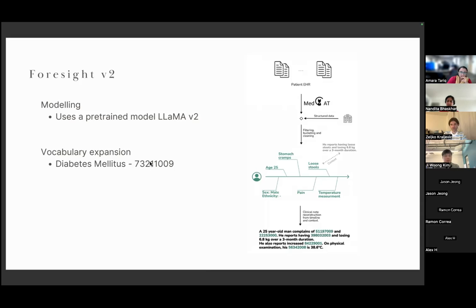So for every concept added into the vocabulary, we set its embedding to the average embedding of the words of the name of that concept. In this case, we would tokenize diabetes mellitus, do an embedding of that, average over the embedding of each one of the tokens, and set that to be the embedding of the new concept added to the Llama model. It's all in the paper if you want more details.